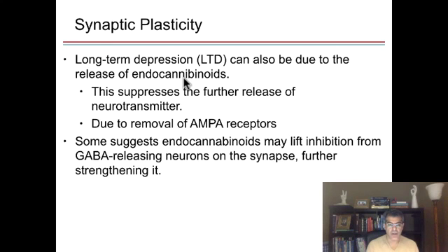However, other researchers showed that cannabinoid may inhibit the GABA releasing neurons. As a result, it's going to strengthen the release of glutamic acid. So the bottom line is the result of endocannabinoids on the memory is pretty contradicting, so I don't think we have to pay too much attention to this one at this moment.